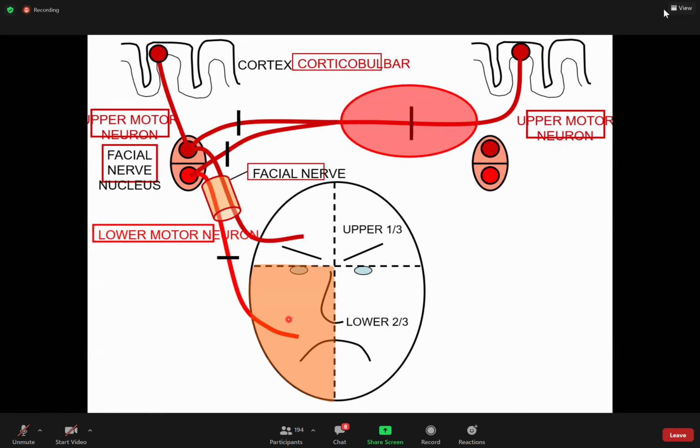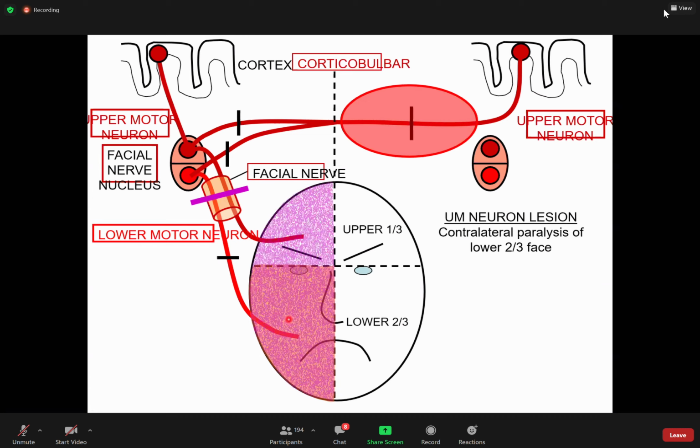In a lower motor neuron type of facial paralysis, which is the facial nerve itself or the nucleus, you have a complete half side of the face which is paralyzed. So this is the difference. In the lower motor neuron type of paralysis of the facial nerve, you have complete half side of the face paralyzed. In the upper motor neuron type of paralysis, the lower two-thirds of the contralateral side of the face is going to get paralyzed.